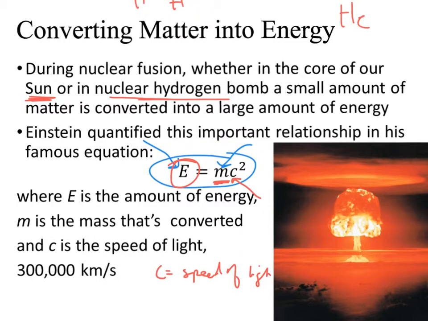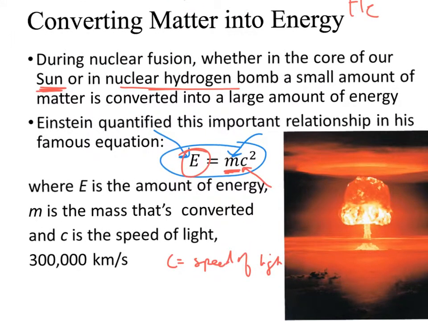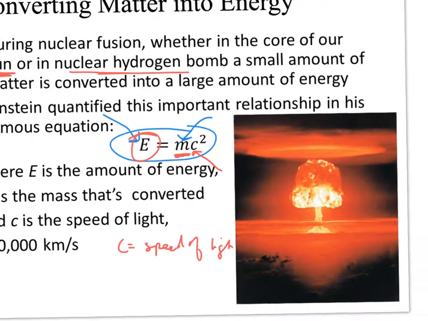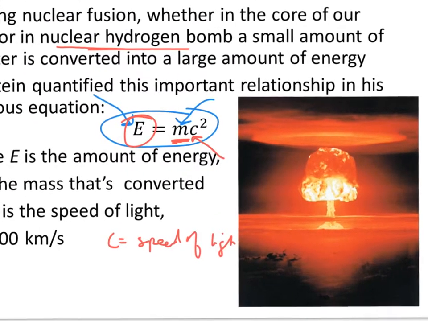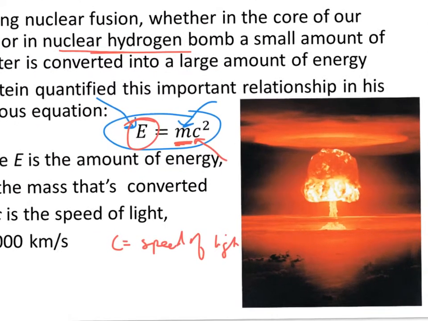This down here says 300,000 kilometers per second. So that's a lot of energy. The example I have here is not the controlled nuclear burn that we have in stars, but nuclear bombs. We have both fusion bombs, a hydrogen bomb, and fission bombs, a uranium bomb. What they have in common with the sun is that they are converting a small amount of matter into a large amount of energy.